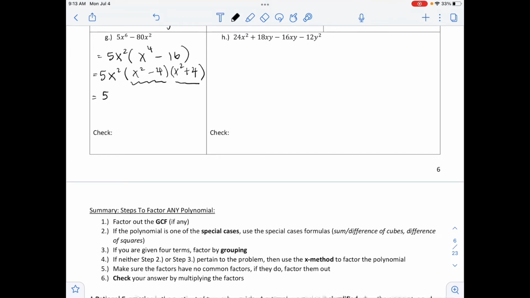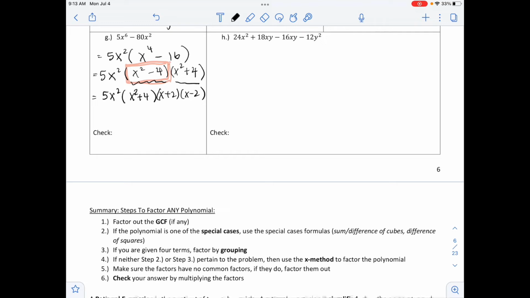And so I'm going to go ahead and write 5x squared. I'll put the x squared plus 4. And then I'm going to take my x squared minus 4, which is difference of squares again, since 4 is 2 times 2. And so we're going to have x plus 2 and x minus 2. And that's as far as we can go on this.